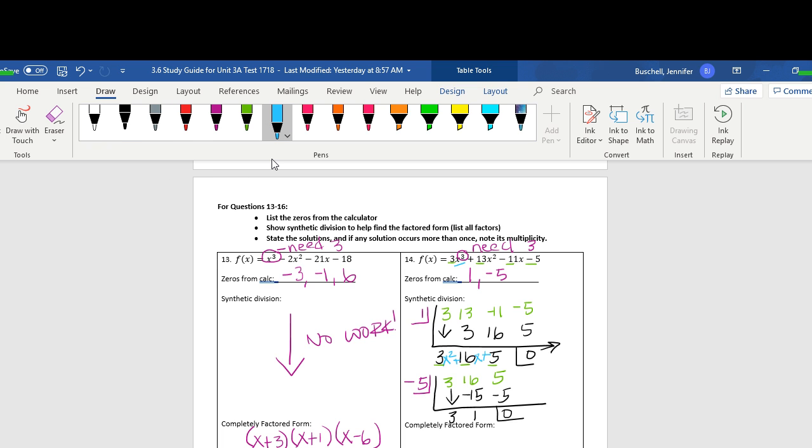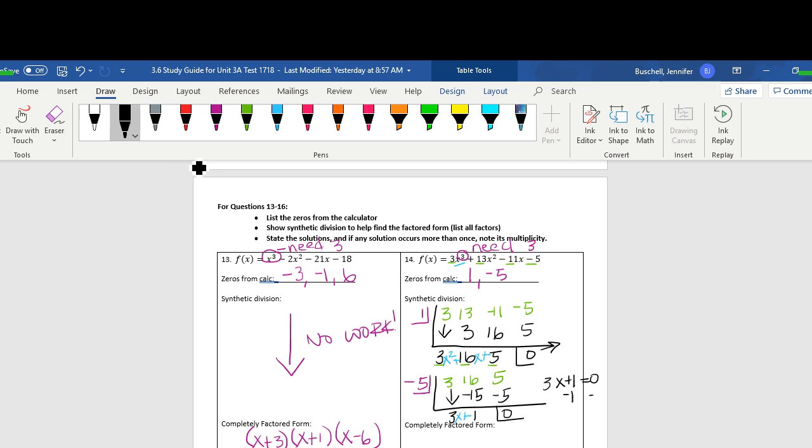Now I'm going to take my leftovers. Here, I originally started with the cube. When I took out the 1 solution, I got x squared. And now I've taken out the -5 solution. So I'm going to go one degree lower than x squared, which is just x. So I'm going to have 3x plus 1. To figure out what that actual solution is, I'm going to set 3x plus 1 equal to 0.